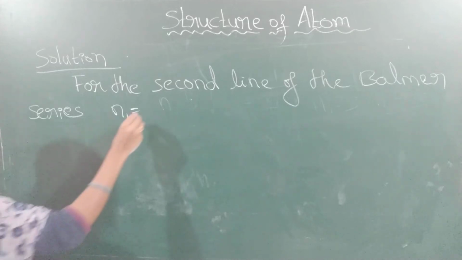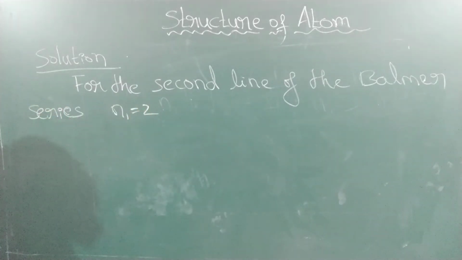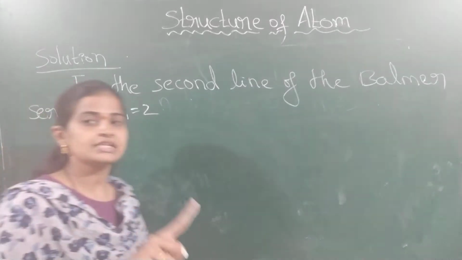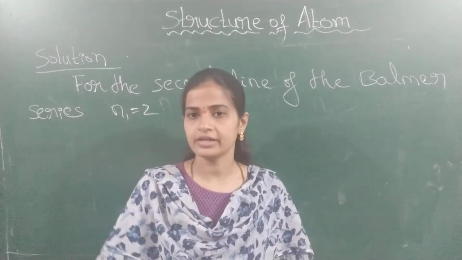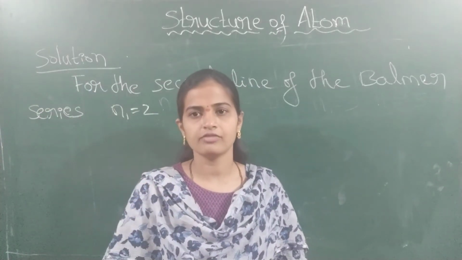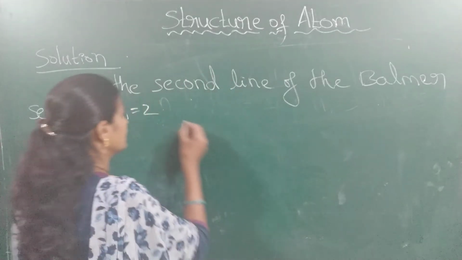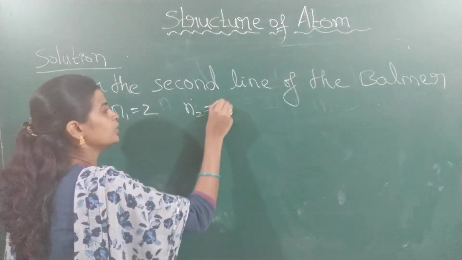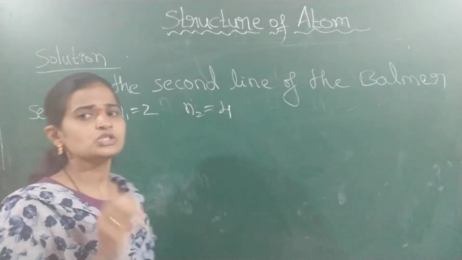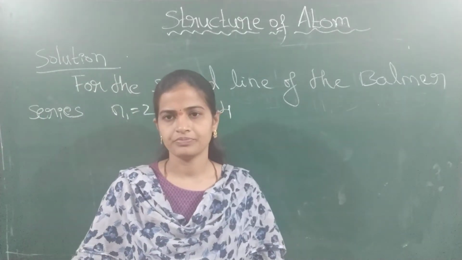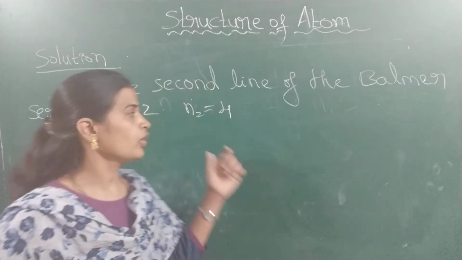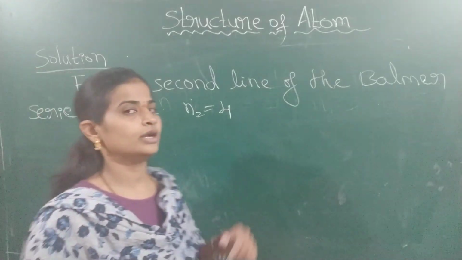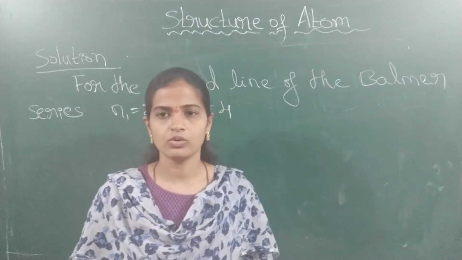You tell me. n1 is always constant for the Balmer series, that is 2. For the first line of the Balmer series, n2 is 3, but they have asked the second line, therefore n2 is 4. Finding n1 and n2 is very important in the calculation. If you go wrong in finding n1 and n2, your entire calculation will go wrong.